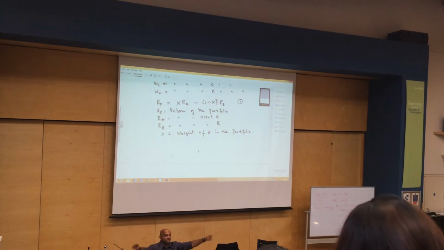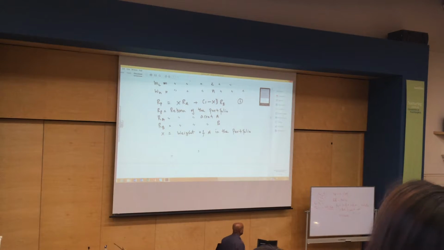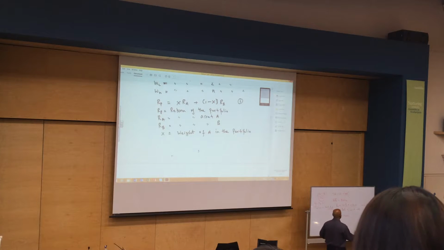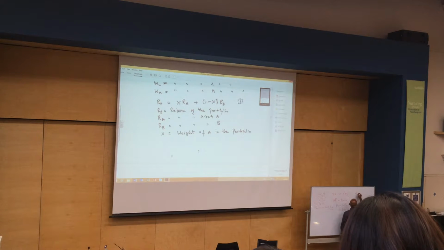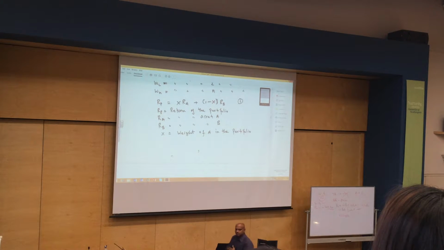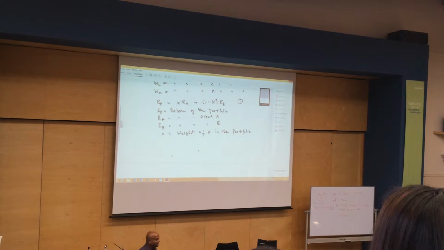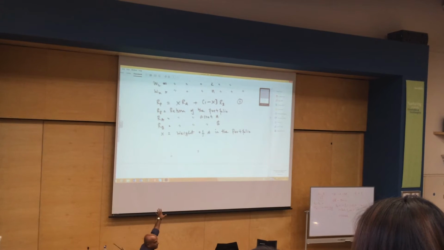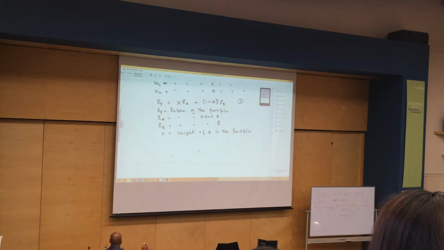Once again, two risky assets, A and B. Weight of A is X, weight of B is 1 minus X. Understand that? This is the same equation we did this morning and the equation we did last week.